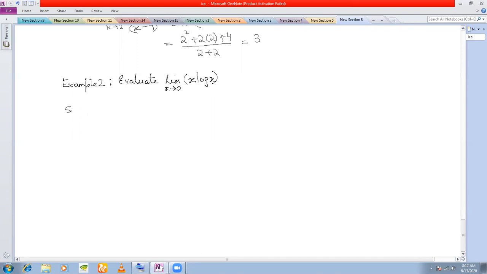Let me first write it properly. Given: limit x tends to 0 of x log x. Now let's see in the rough work what form this is.